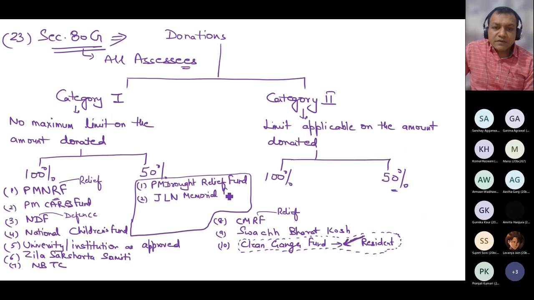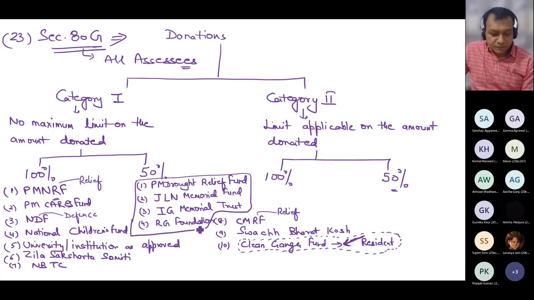Indira Gandhi Memorial Trust. And Rajiv Gandhi Foundation. These four are there in the no limit category, 50%.